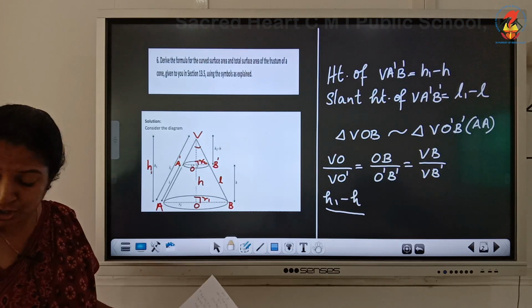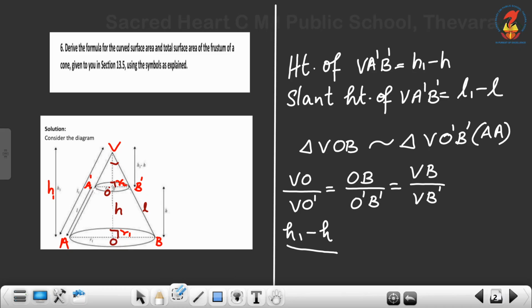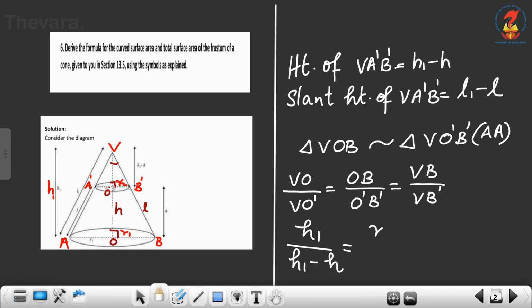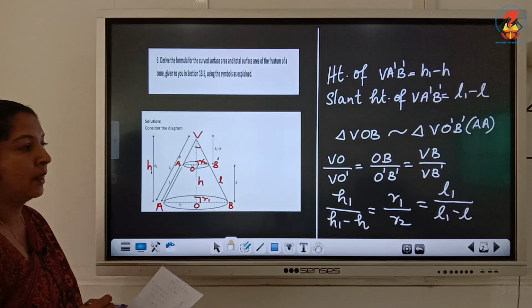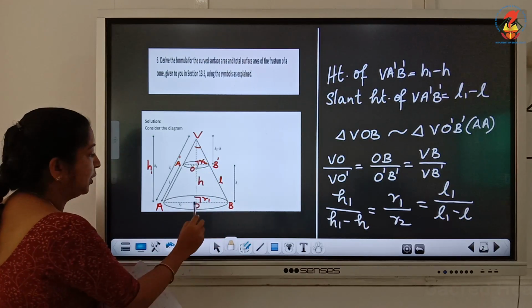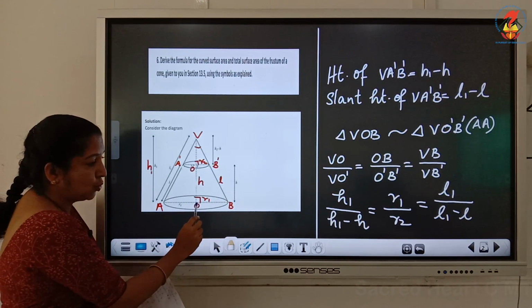This is not H1 minus H, this is H1, the total height. So H1 divided by H1 minus H is equal to R1 by R2 is equal to L1 divided by L1 minus L. VO is the total height, that is H1.